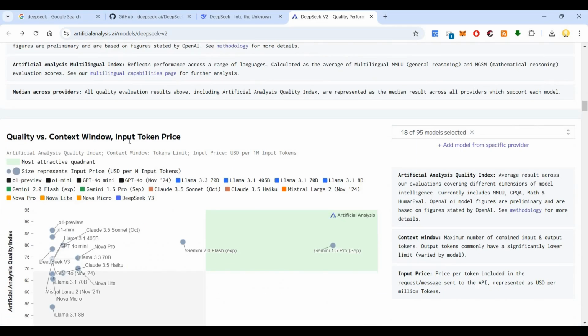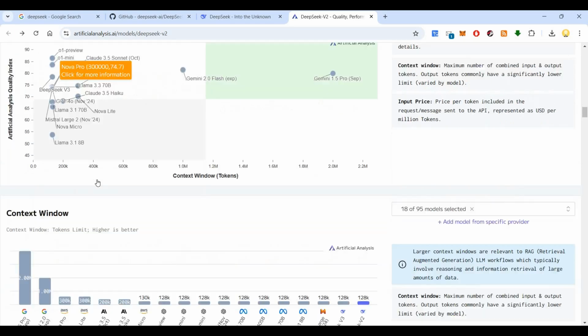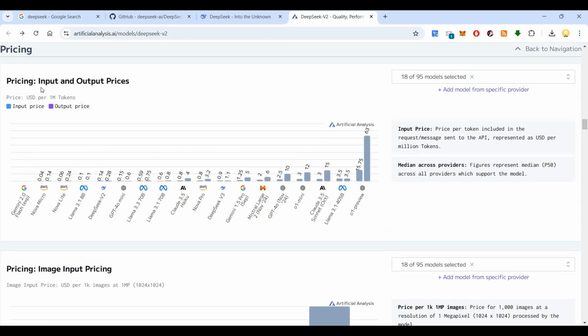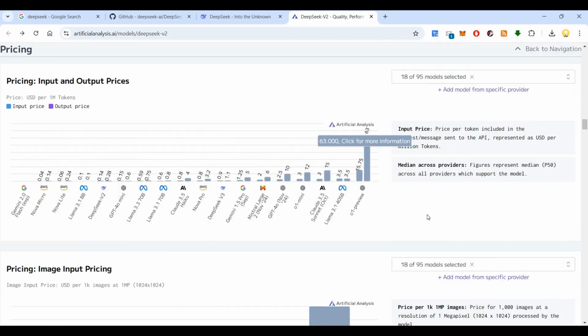Now quality versus context window, that is input token price. These are the numbers that you see here. Input price is the money it takes to train that LLM model, and output price is what you get out of it. DeepSeek is the best one that you see, and Gemini 2.0 is also good.